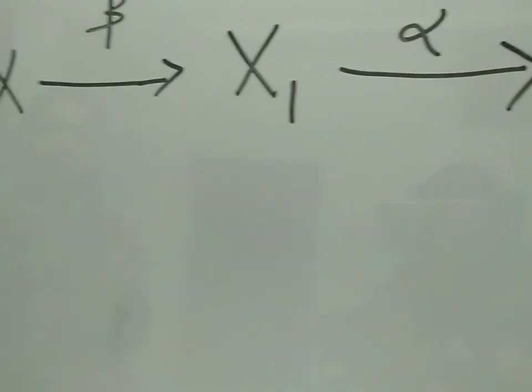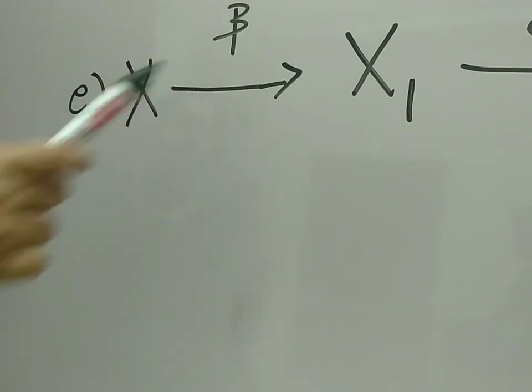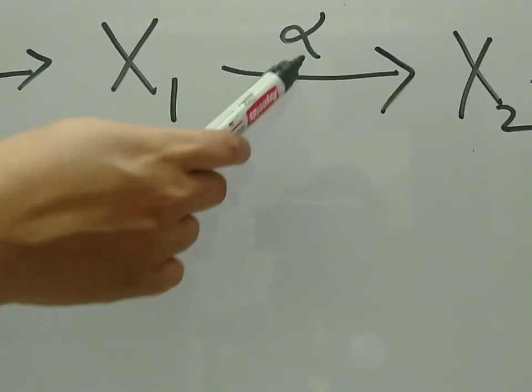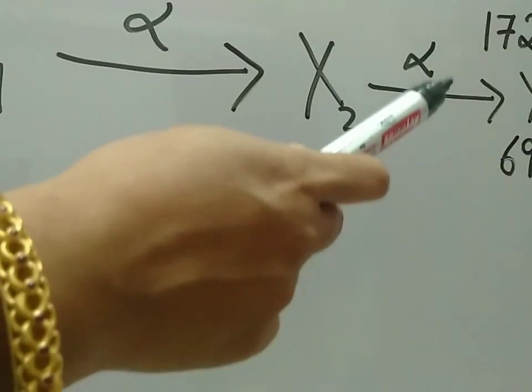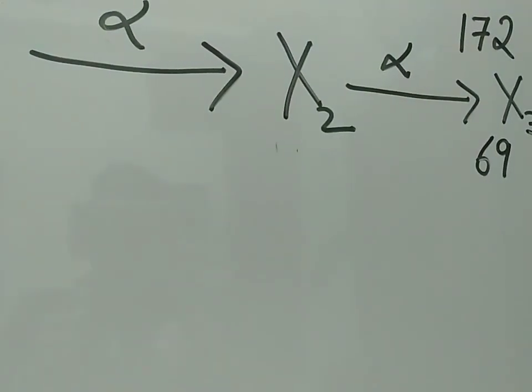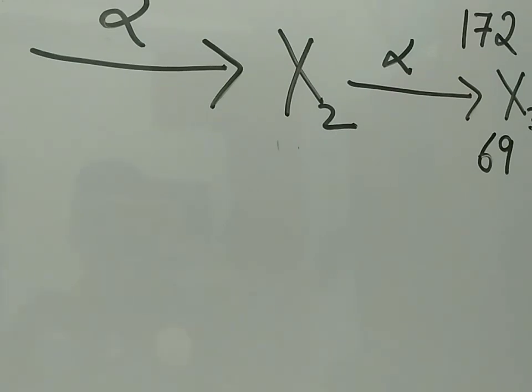Here you can see the first parent nucleus is X. The mass number and atomic number are not given. From there a beta emission takes place and X becomes X1. After X1, again alpha emission becomes X2. Again alpha emission, you can see X3 is 69, 172. So we are given the final answer.